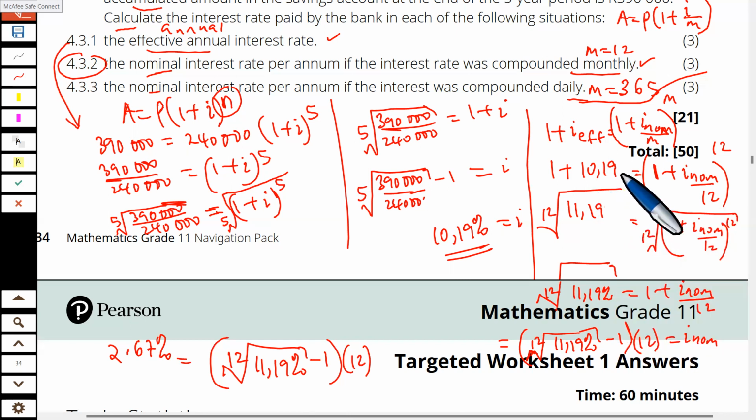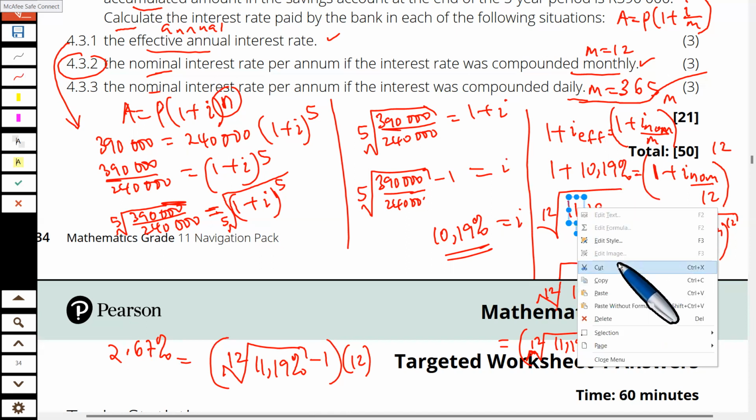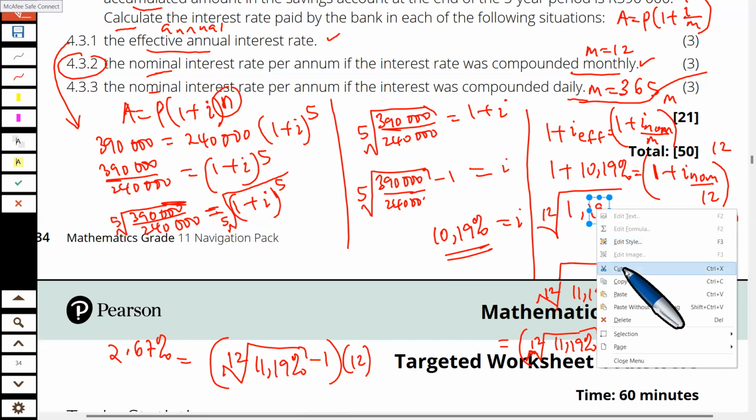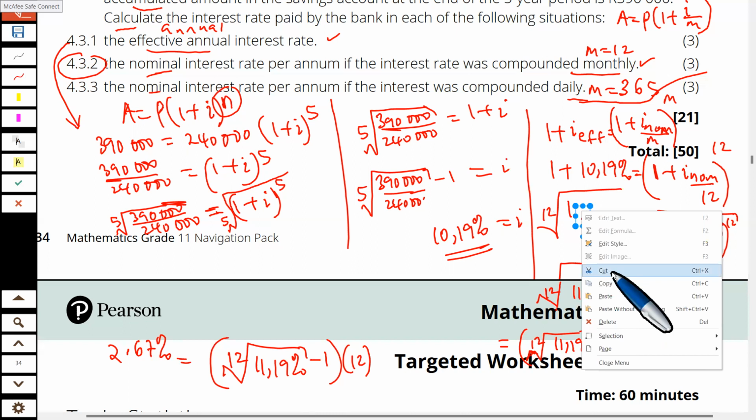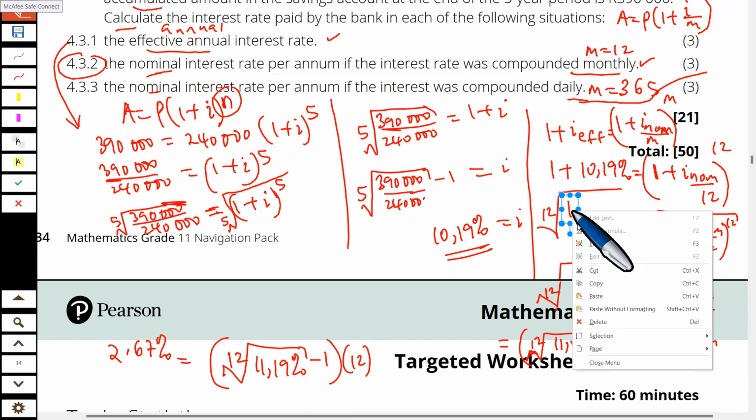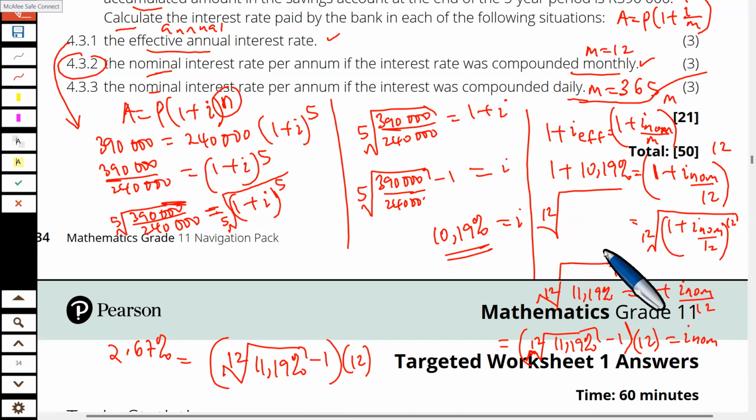So if it's a percentage, it's fine here, but you'll have to use the percentage. And it's going to create a small change here. So if you divide this by 100, because it's a percentage, you must divide it by 100.